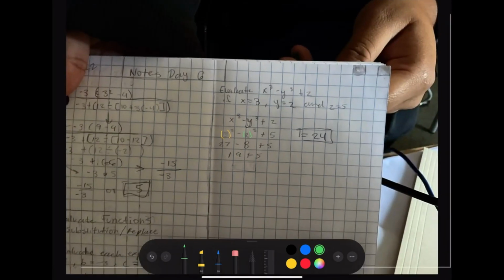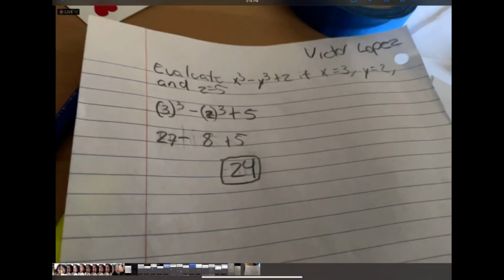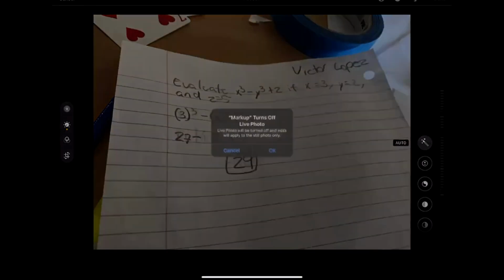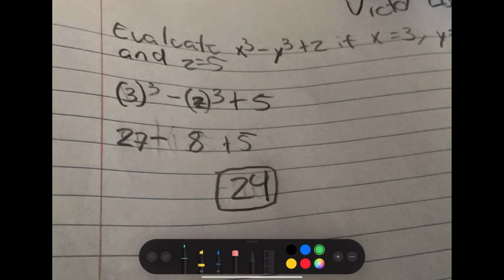Let's take a look at another student. Okay, I like this one. Parentheses. Yeah. Good.